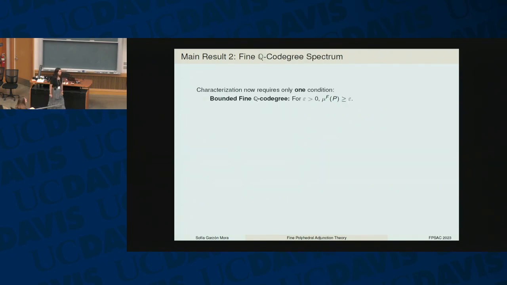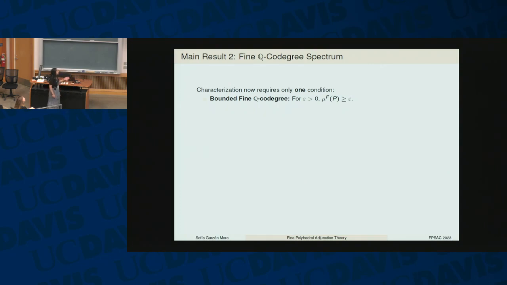And we talk about the fine Q-codegree spectrum as well. We wanted to check whether this condition of finiteness also holds in our case. And it turns out that it's even nicer than you might imagine because we require only one condition. Before we had this horrible condition on the normal fan, which was alpha-canonicity, which I hope some of you got from the definition. If not, that's okay because we can forget about it now.